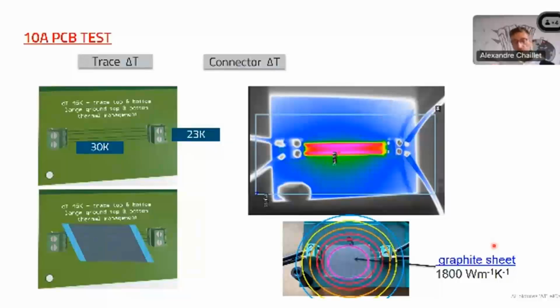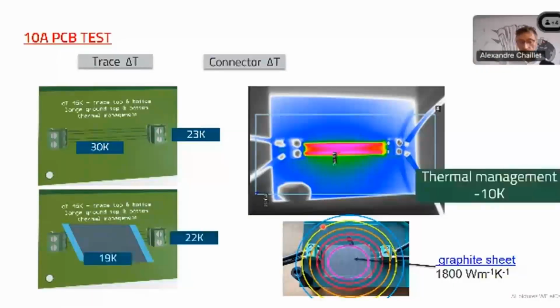This is very good, but the graphite sheet is 1,800. This is really, really higher. So it will take the temperature and spread it in all directions, so it will increase the effect of the copper ground layer. The impact is huge also: minus 10 Kelvin if you use a thermal management interface.